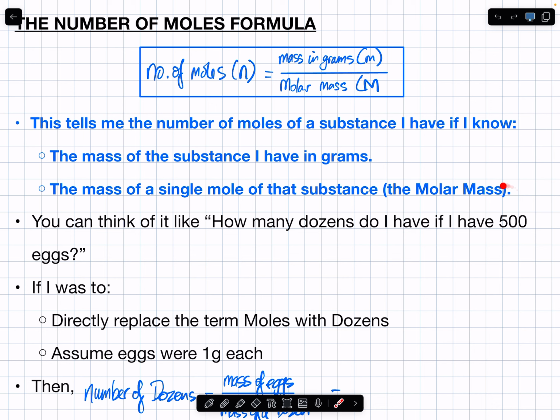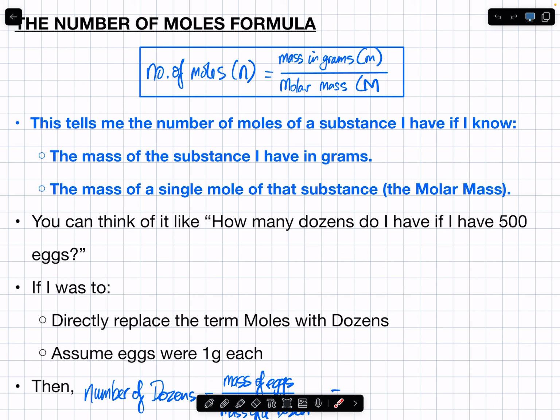And if I wanted to go in words about what this formula is about, it tells me the number of moles I have of a substance, as long as I know the mass of the substance that I have in grams, and also the mass of a single mole of that substance, the molar mass.